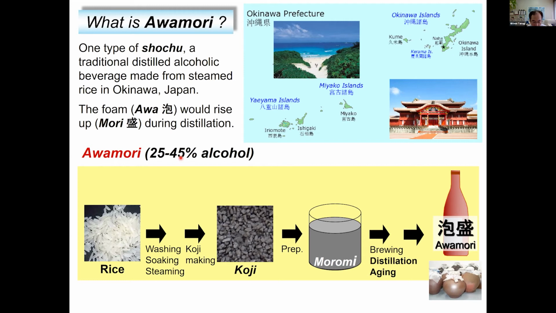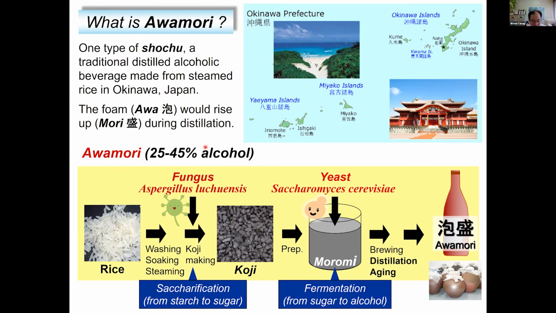During awamori brewing, the fungus Aspergillus luchuensis and the yeast Saccharomyces cerevisiae do very good jobs preparing the fermented mash, moromi, and producing ethanol, respectively. After fermentation, the alcohol is mainly distilled under atmospheric pressure and then put in a barrel for aging that develops a rich and strong flavor.